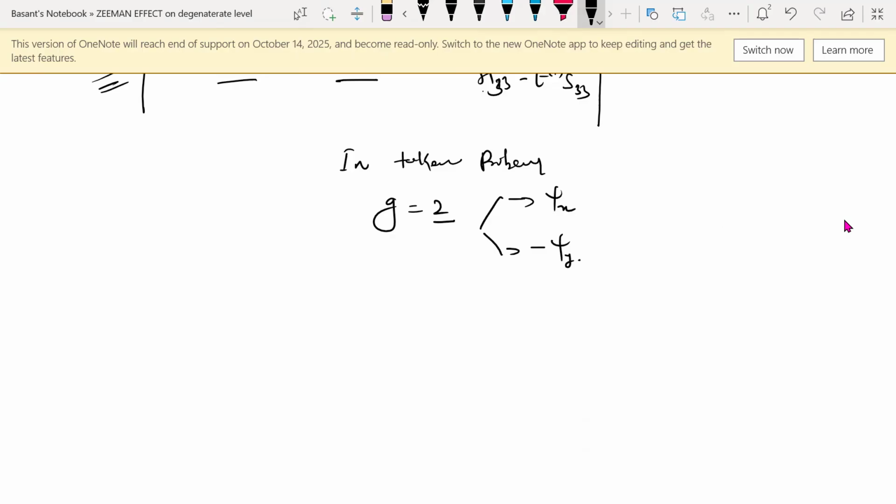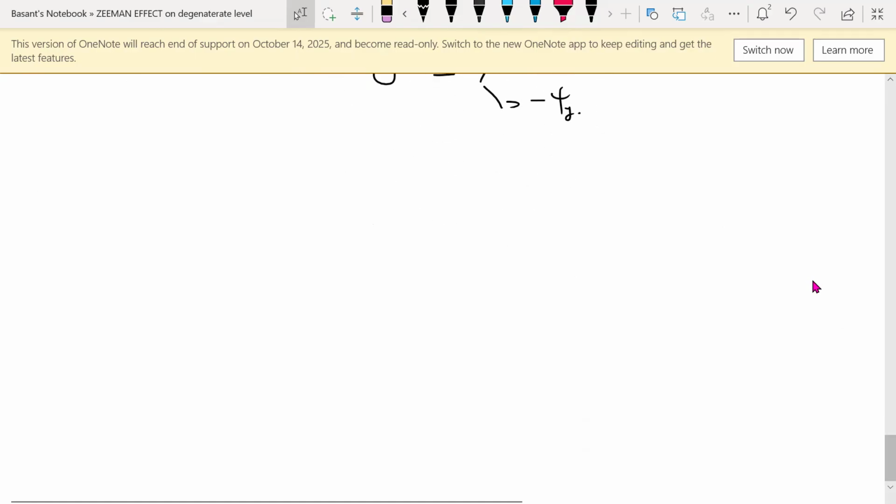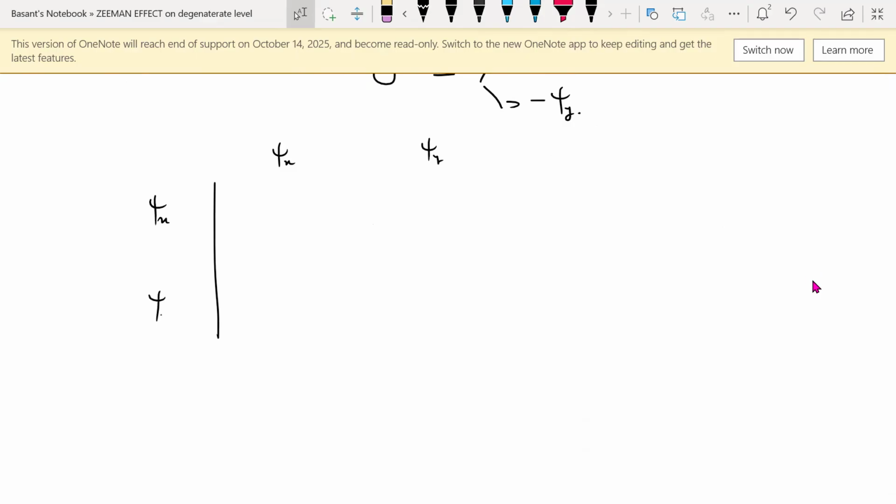So under the process of degenerate perturbation theory, we can write psi x, psi y along the rows and columns, and write down the elements.